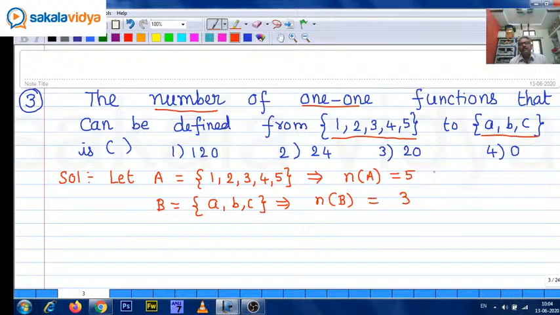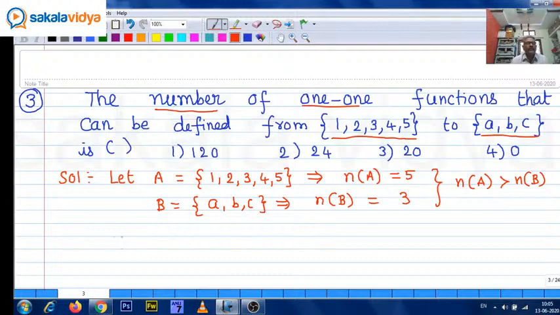Now you check it. From this, n of A is greater than n of B. Now we need to think, can we define one-to-one functions from A to B? No. In order to define one-to-one functions from A to B, it needs to be n of A less than or equal to n of B. Since n of A is greater than n of B, no one-to-one function can be defined. That's why the number of one-to-one functions or injections is 0.